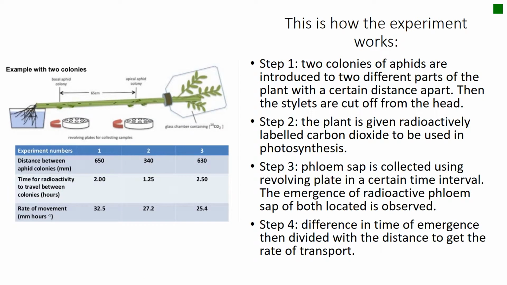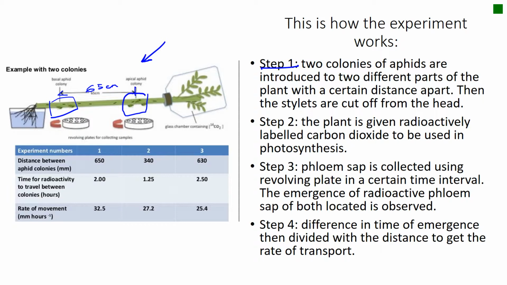This is the step-by-step method of working for this experiment. Now please take a look at this diagram. Step 1. Two colonies of aphids are introduced to two different parts of the plant with a certain distance apart. So you can see from here, one colony, two colonies, and they are separated by 65 centimeters from each other.